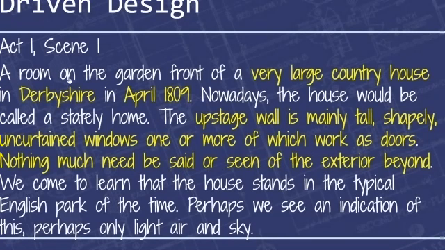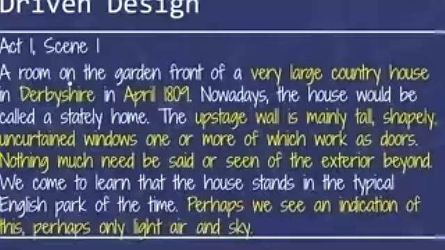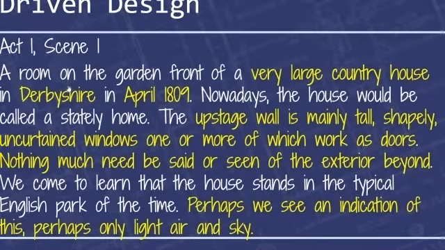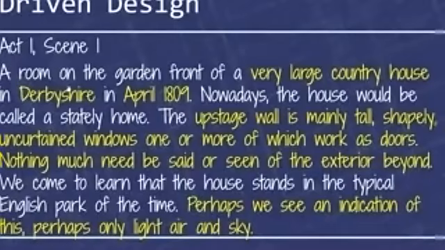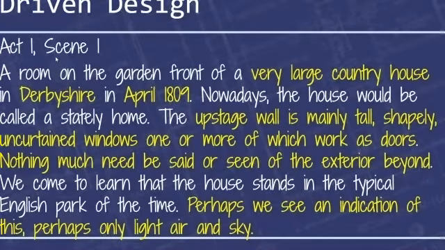All right? And then as we continue on reading, perhaps we see an indication of this, perhaps only light, air, and sky. So that's clarifying the previous thing, that what is outside those windows doesn't influence the world of the show. Whatever is outside those windows is purely decorative, and we don't want to draw the audience's attention outside.